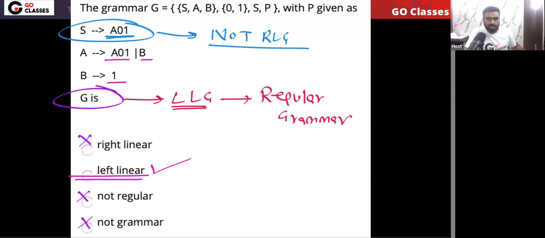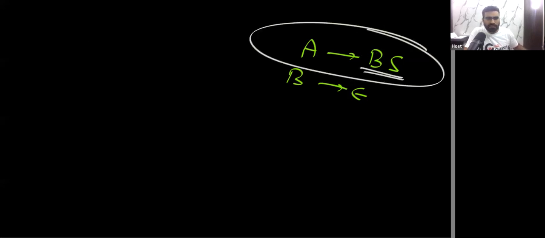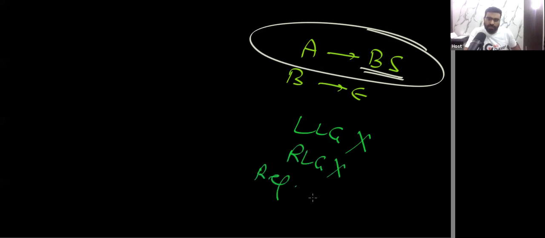A student is asking, what about this? A going to BS, B going to epsilon. Look at the first rule. In this rule, on the RHS, we have more than one variable. Yes or no? So this grammar is not left linear and not right linear, so it is not a regular grammar.